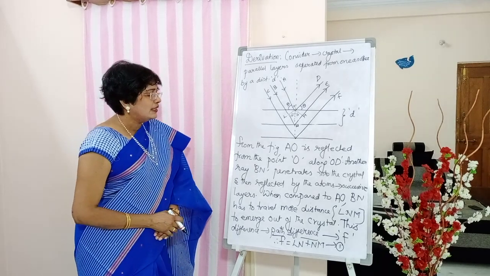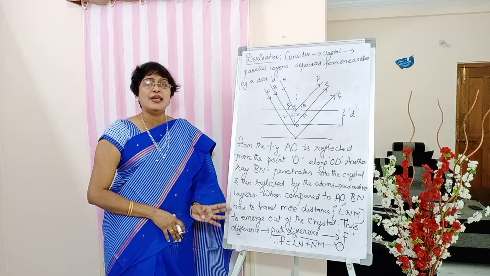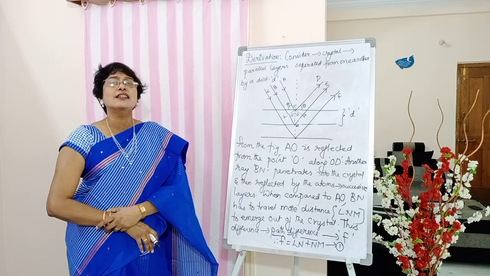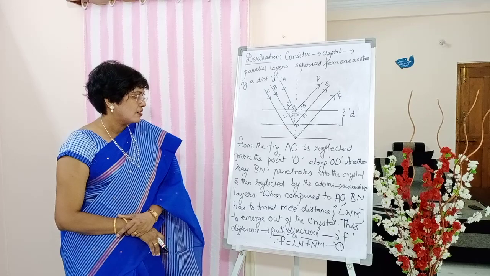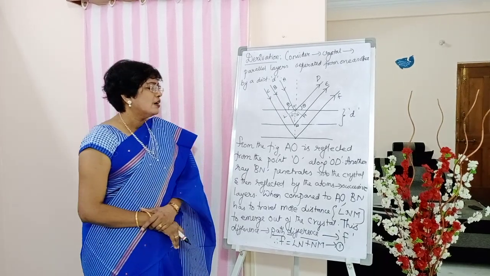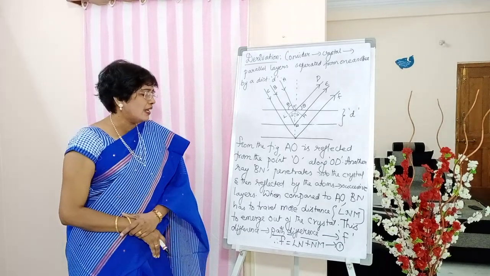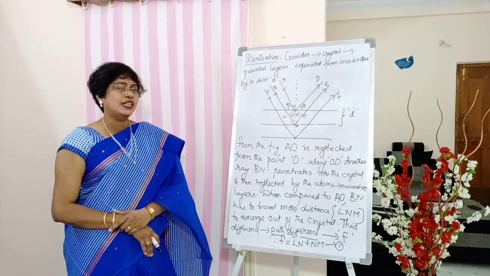Now, this extra difference traveled by ray BN, we call it path difference. So write down, when compared to AO, BN has to travel more distance, in brackets mention LN and NM, to emerge out of the crystal.